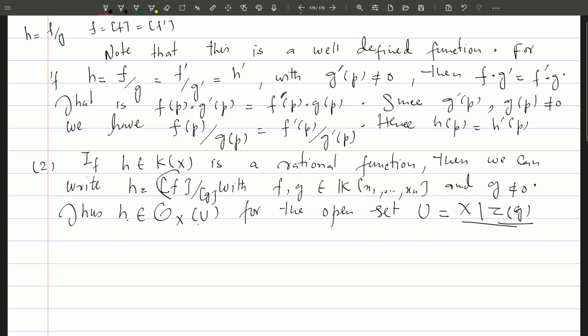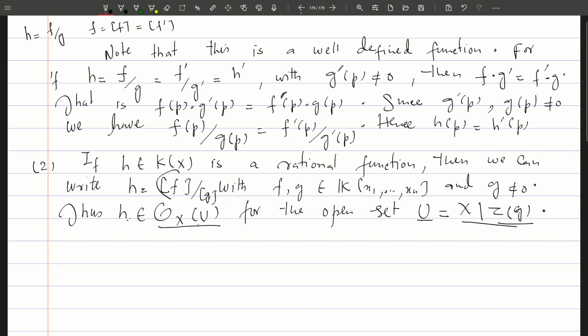So h is in the regular ring if and only if g does not vanish at any point of U. Now g does not vanish on U because we have taken out the zero set of g. One can note here this U is a dense open subset of X. So this would imply that every rational function defines a regular function on an open dense subset of X.